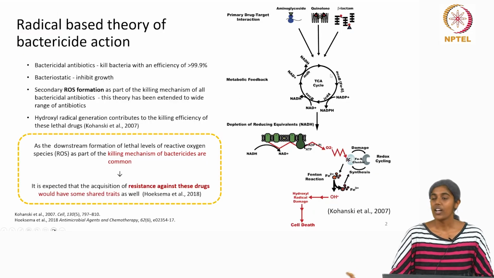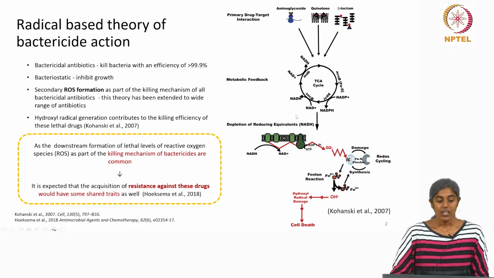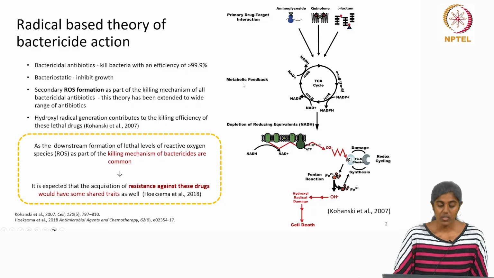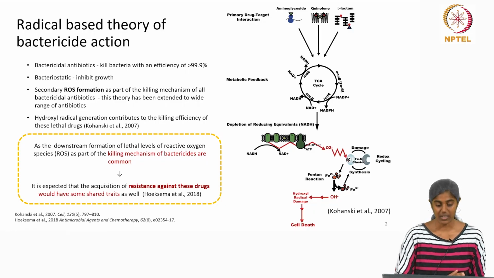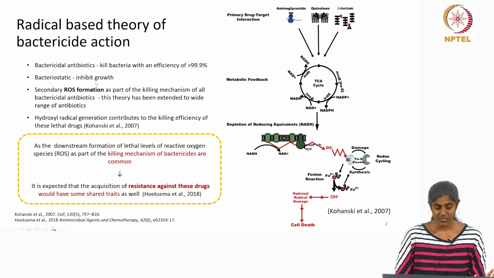So, let's start with how antibiotics act. It was found that usually these bactericidal antibiotics kill bacteria, unlike bacteriostatics, which only inhibit growth. These bactericides are known to create ROS formation as part of the killing mechanism.